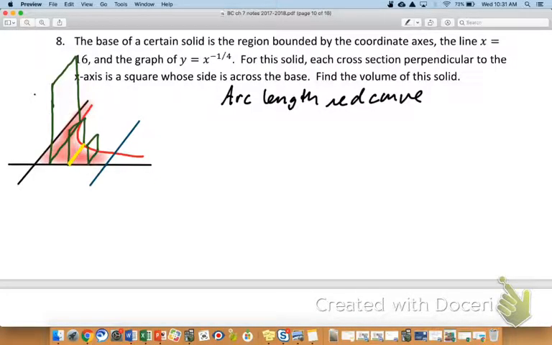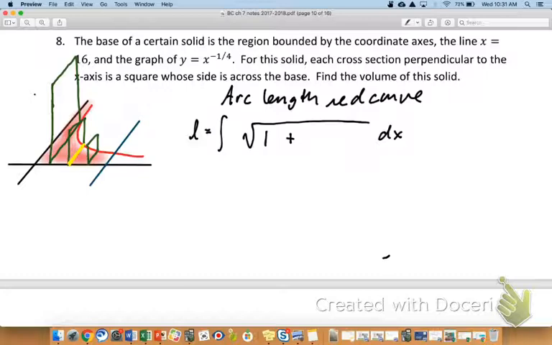Let's find out. So we'd say arc length equals integral from somewhere to somewhere. I suggest we use x's. You okay with that? Okay, so it'll be the square root of something dx. So it would be 1 plus the square of the derivative, right?